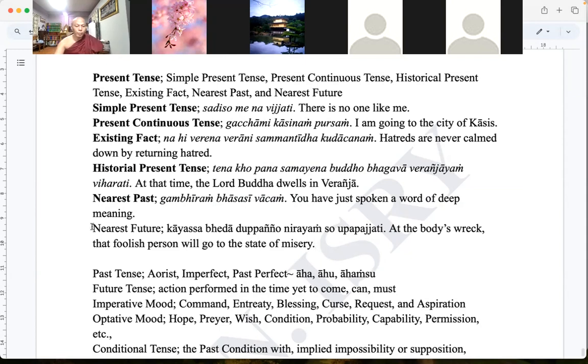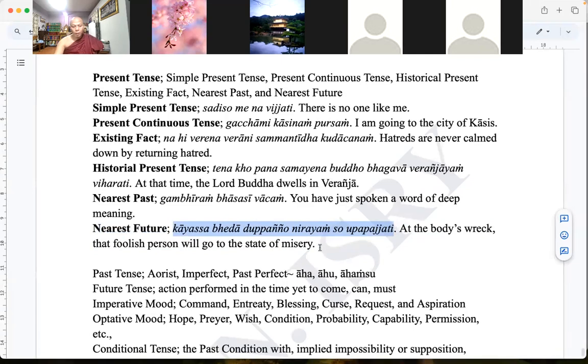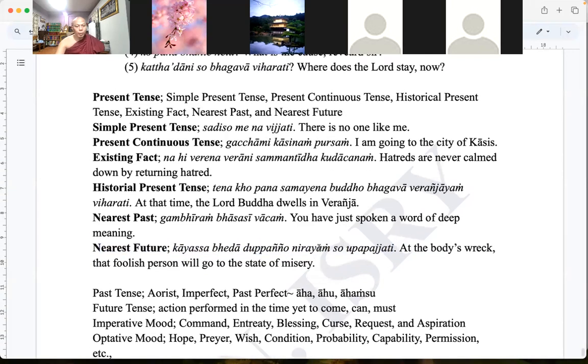So here also near future. Okay, these are the usages of the present tense. One is simple present and present continuous, an existing fact, and historical present tense. So nearest past, nearest future.